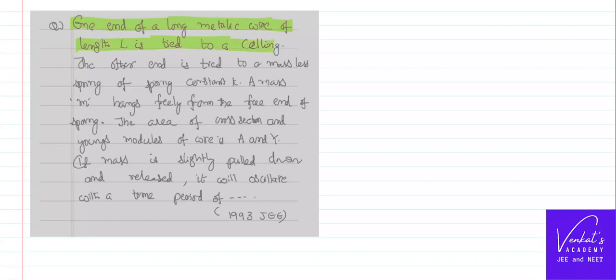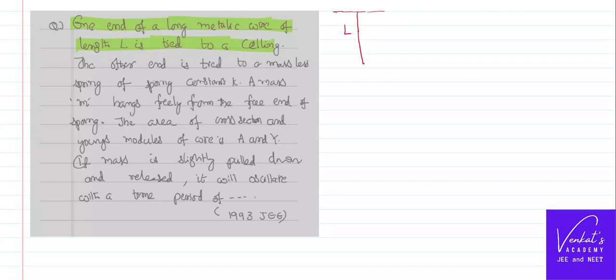So I will take that part of the problem and try to draw the diagram for you. There is a ceiling, and to that a long metallic wire of length L is attached.